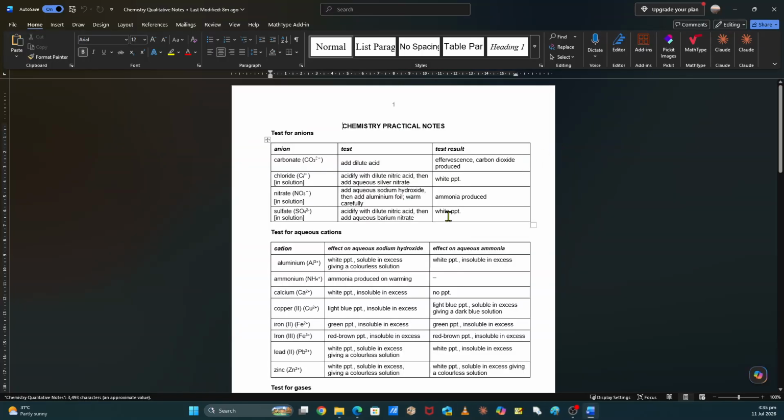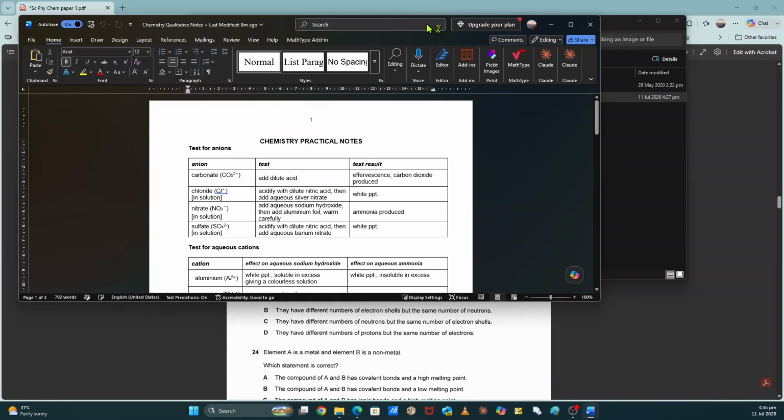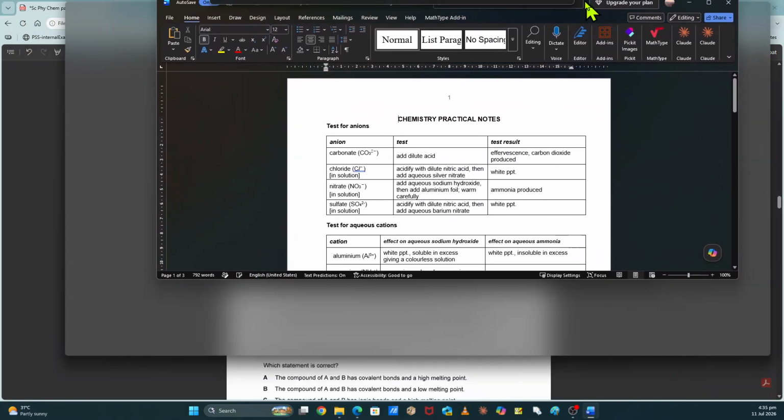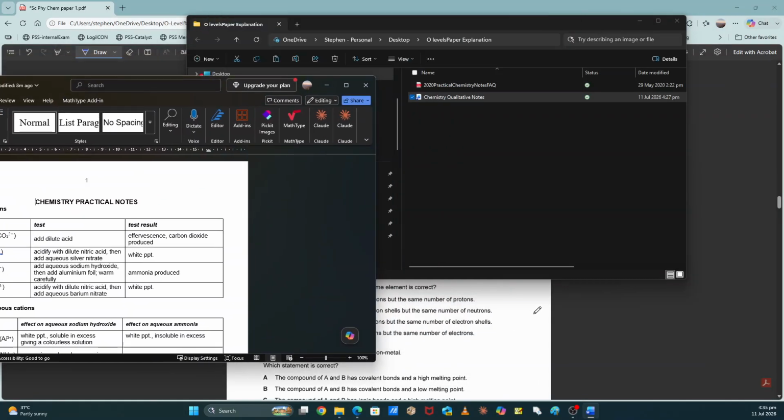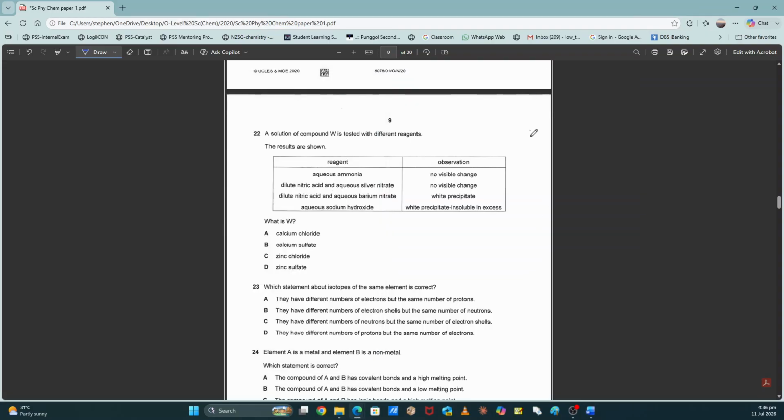Yes, so this is a typical chemistry practical notes, right? Okay, let's think for a while. What are the reagents that we use? So a solution tested with different reagents, and we have aqueous ammonia.